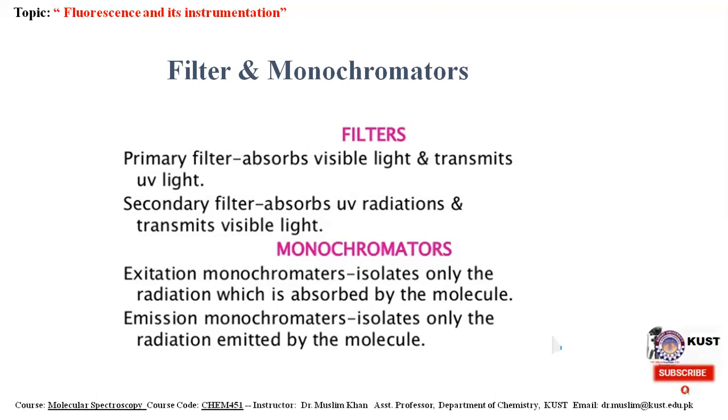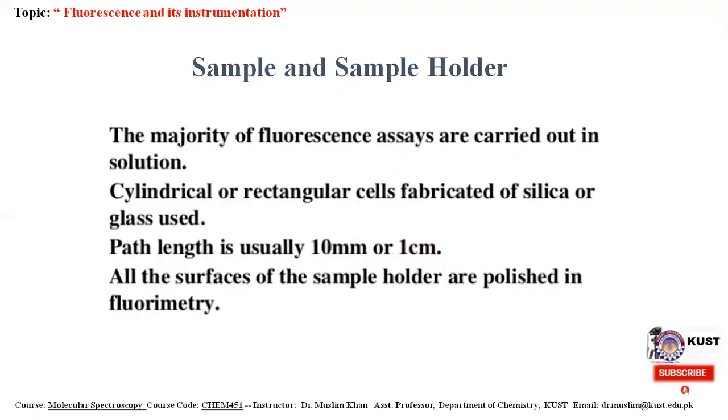If the wavelengths are known, then filter fluorometers are best. But for the development of a new method and wavelength estimation, spectrofluorometers are used, and this is called the scanning phenomenon. This is a very important scanning phenomenon. So a filter or a monochromator is used, depending on which type of instrument you are using.